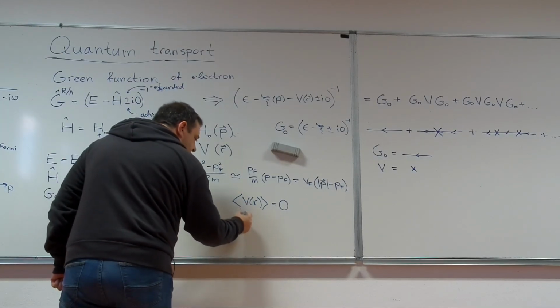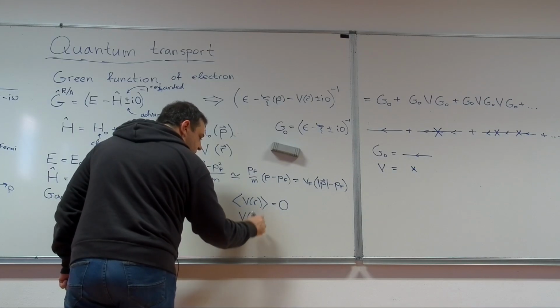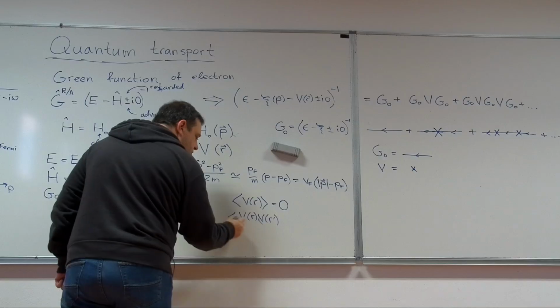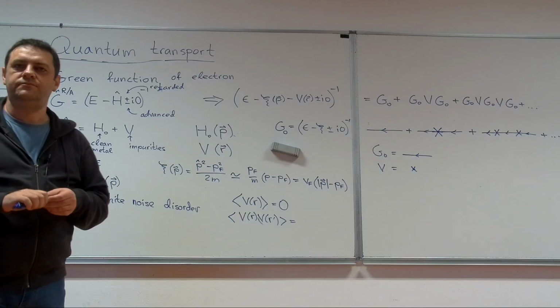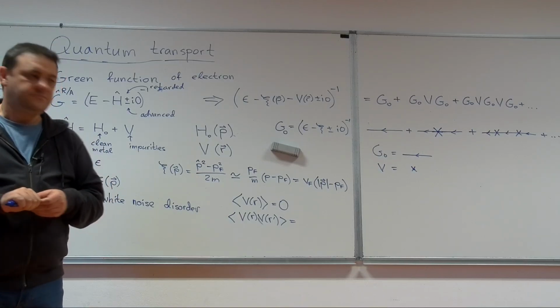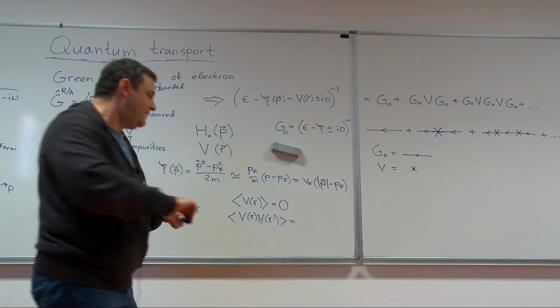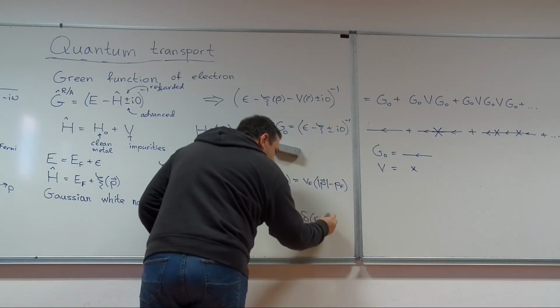And if we take V at 2 different points, R and R prime, and average the product, it will be also 0, except when R equals R prime, which means it is a delta function of R minus R prime.